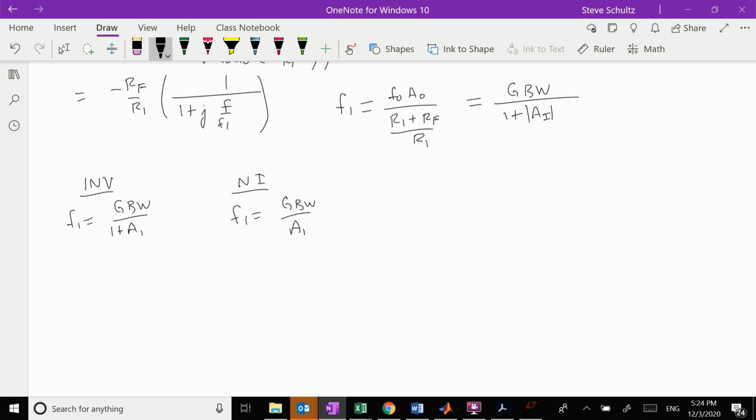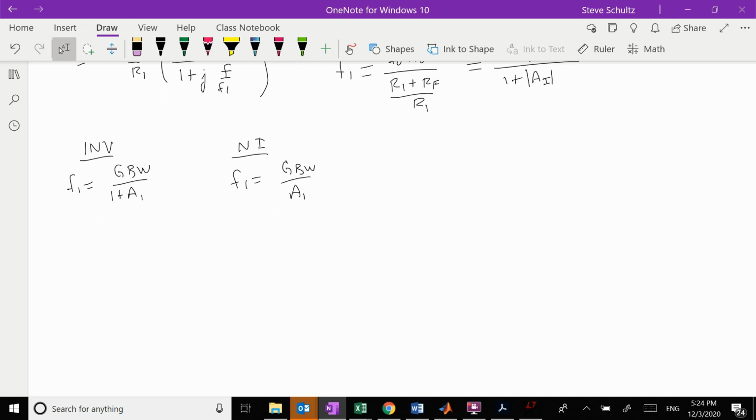If the gain is much, much greater than 1, then they're basically equal. Otherwise, the frequency of the non-inverting is a little bit higher than the inverting stage. And if we want to finish this up, this is equal to 1 plus RF over R1, and this one is minus RF over R1. And then we're all done with the inverting op-amp configuration.